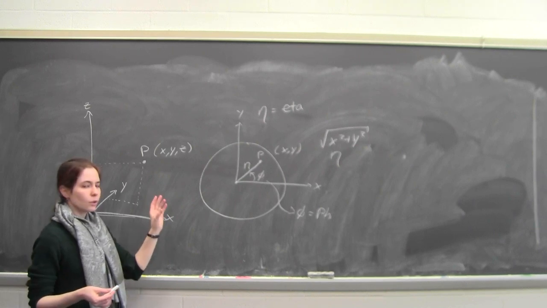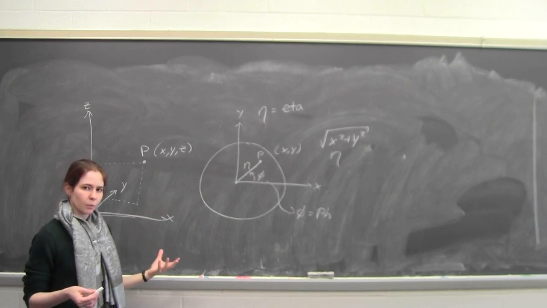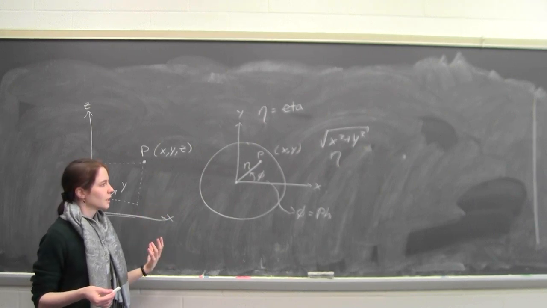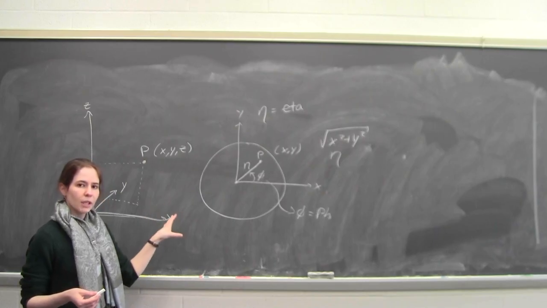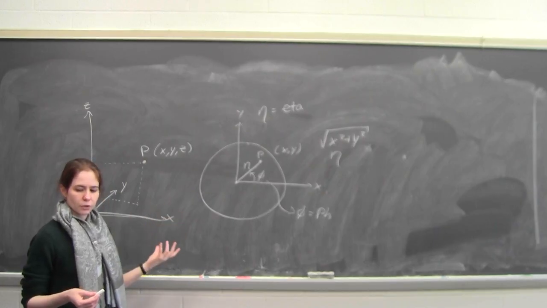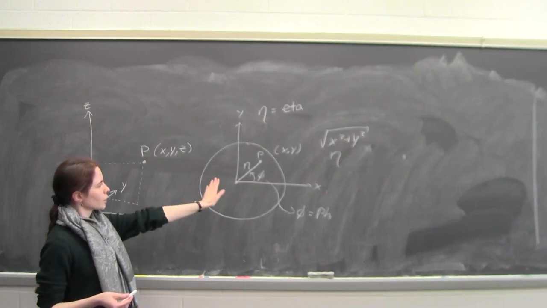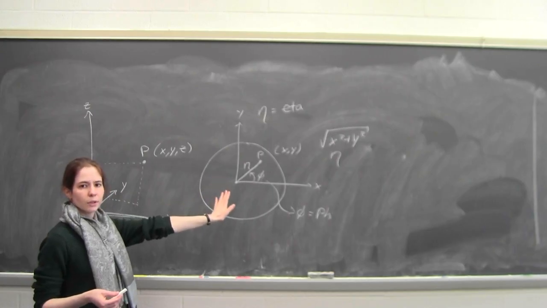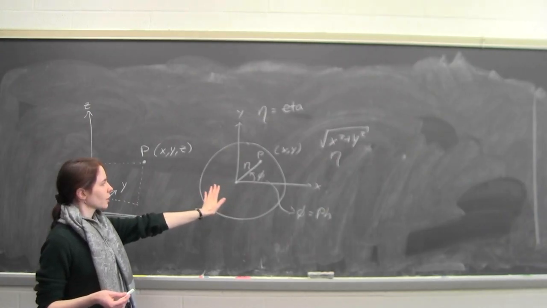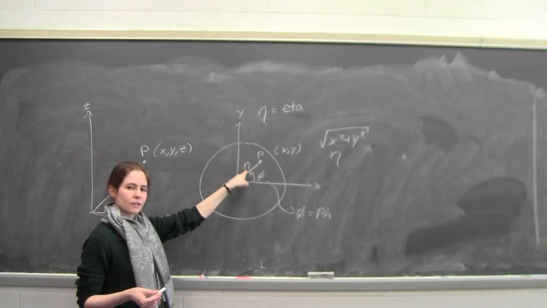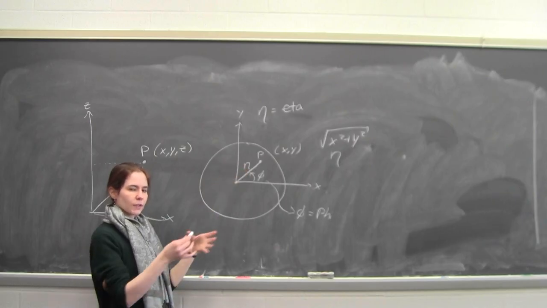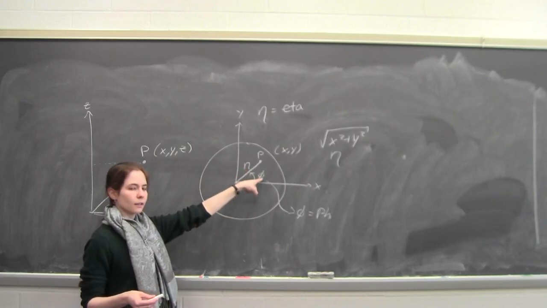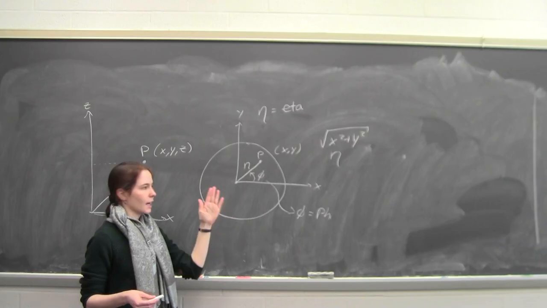So there are two alternative geometries we'll be dealing with frequently in this course. There is cylindrical geometry, and there is also spherical geometry. So in cylindrical geometry, I've already given you two of the coordinates that we tend to work with. We'll work with eta, the distance from the center of the cylinder, and phi, the angle from the x-axis.